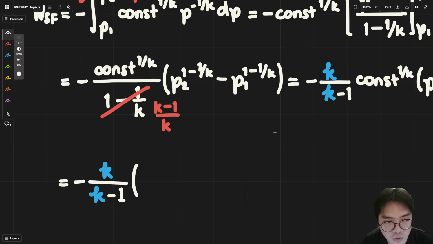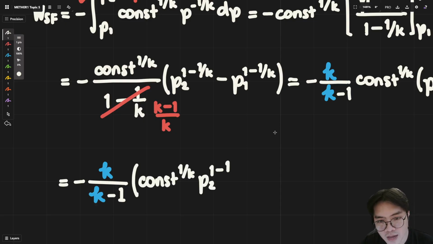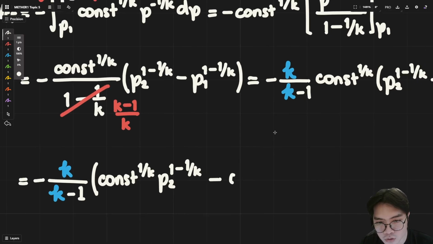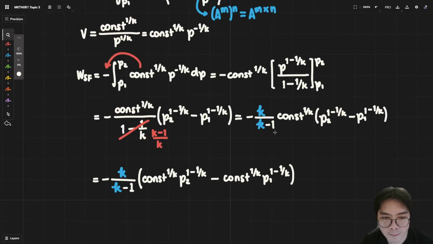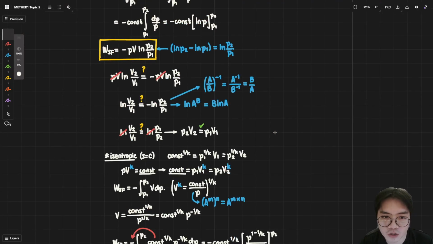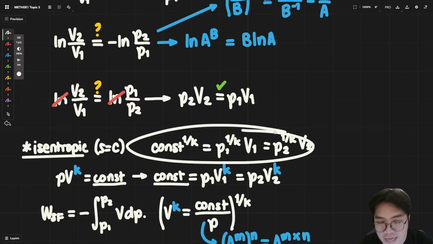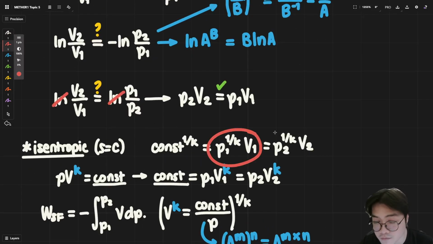Then we will have constant raised to 1 over k times P2 raised to 1 minus 1 over k, minus constant raised to 1 over k times P1 raised to 1 minus 1 over k. Now, we just defined earlier what constant raised to 1 over k means: either this one for state 1 or this one for state 2.